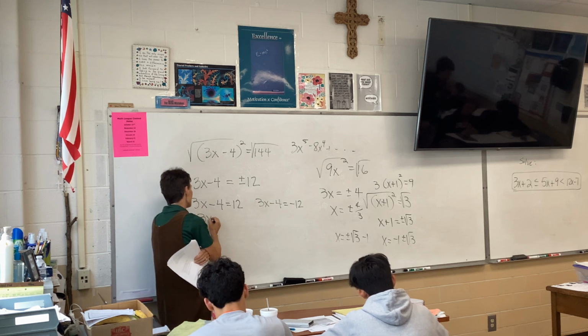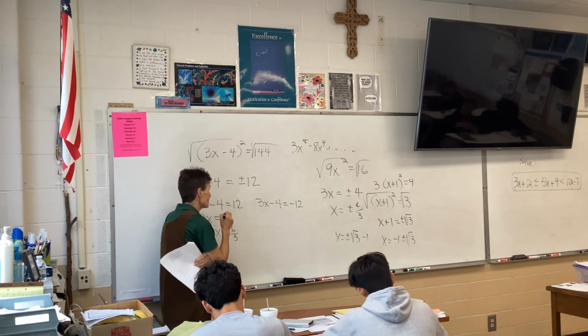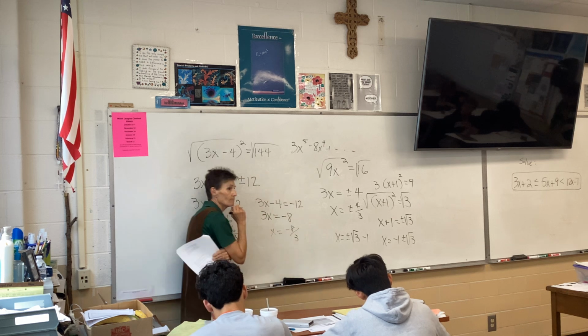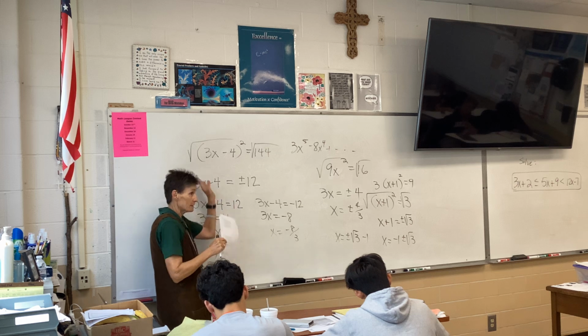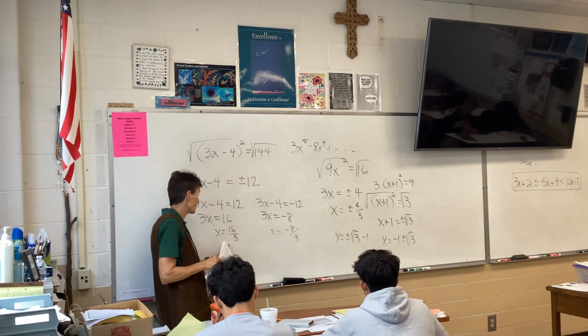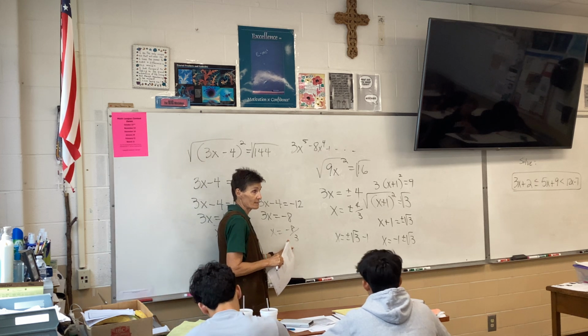So 3x equals 16, so x is 16 thirds, and 3x equals negative 8, so negative 8 thirds. Those are the two zeros. So if you did this on your calculator, you would get the decimal form of this, like 5.333 and negative 2.666.